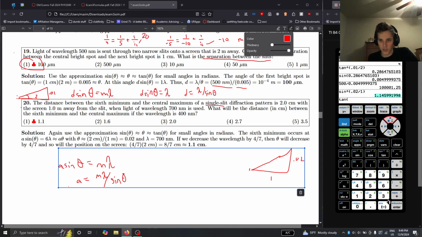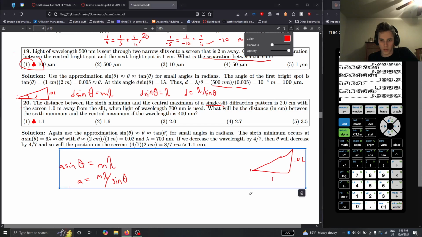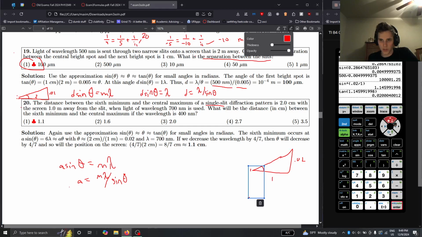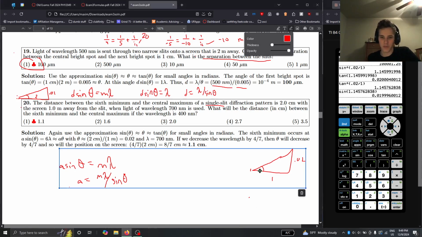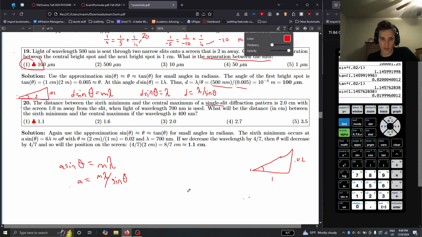We can tangent that angle, and we get 0.02. Or, I don't want to tangent that angle. Oh my god, I did something really stupid. Sorry, inverse tangent of 0.02 divided by 1, and then sine that. I think this just represents the idea that sine equals tangent at these very small angles. But yeah, it's going to be 0.02.